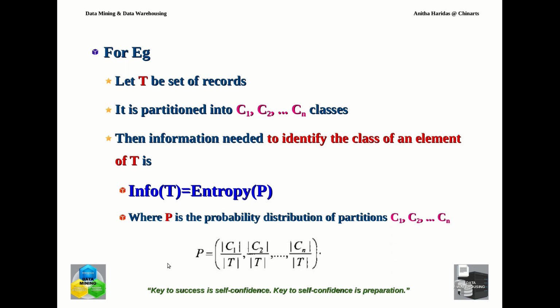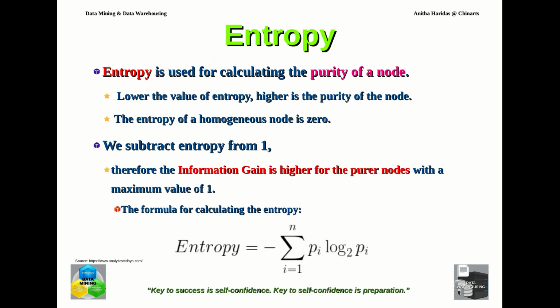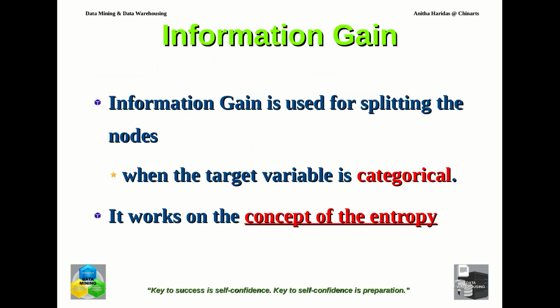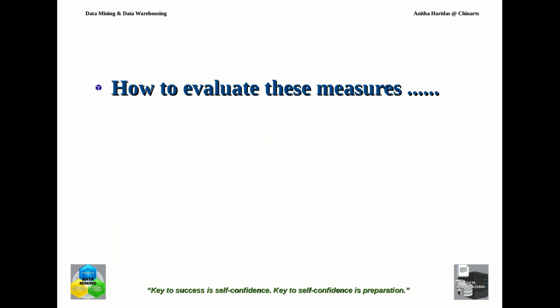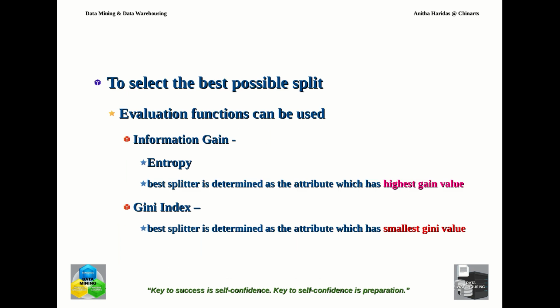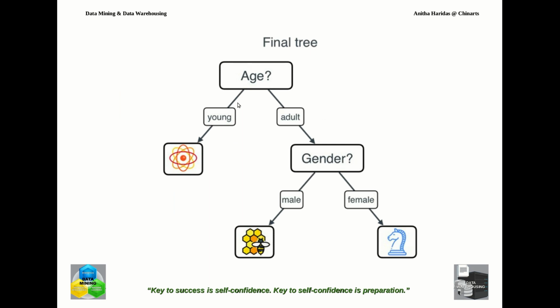Now why are we studying this information gain and entropy value? While constructing the decision tree, I need to identify which is the best possible attribute for splitting. So whether I can go for this particular attribute or this particular attribute.